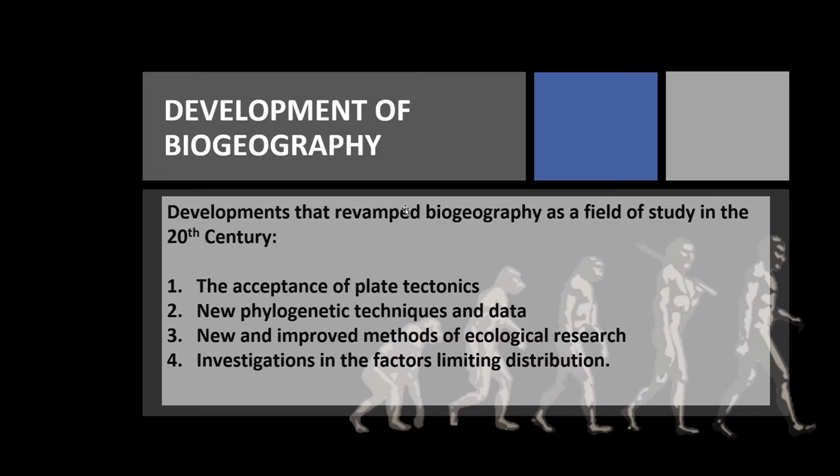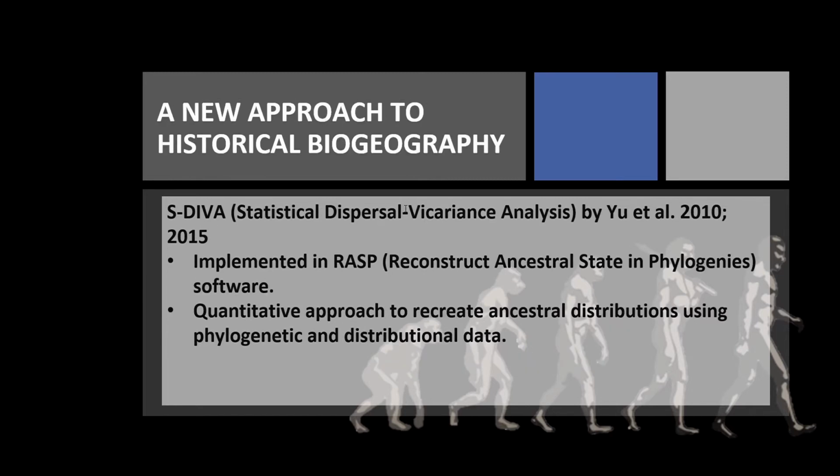A new software called S-DIVA, or Statistical Dispersal Vicariance Analysis, was published by Yu et al. It was implemented in RASP software, a quantitative approach to recreate ancestral distributions using both phylogenetic and distributional data.